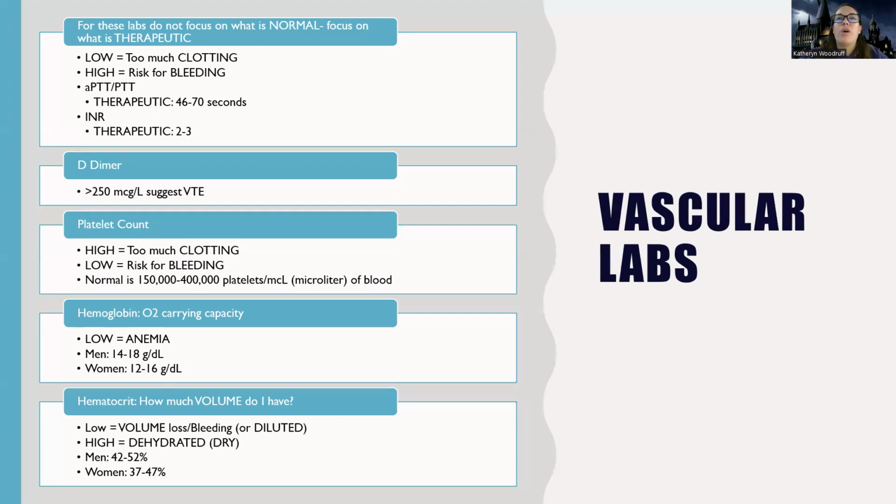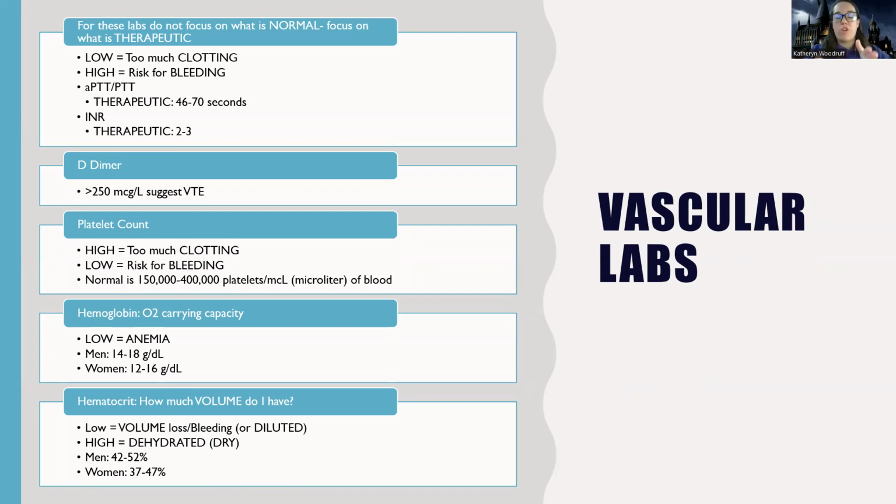You don't need to memorize the normal APTT, the normal PTT, the normal INR. I really want you to focus on what's therapeutic. What therapeutic means is that we're looking at this lab to see if a medication is working. So we want to know the range where we want to keep this medication in order for it to be working the way we want it to.